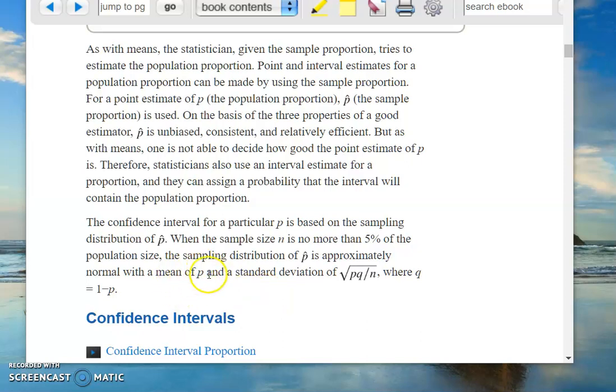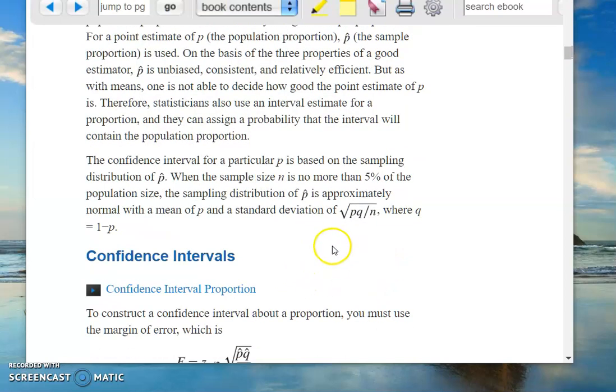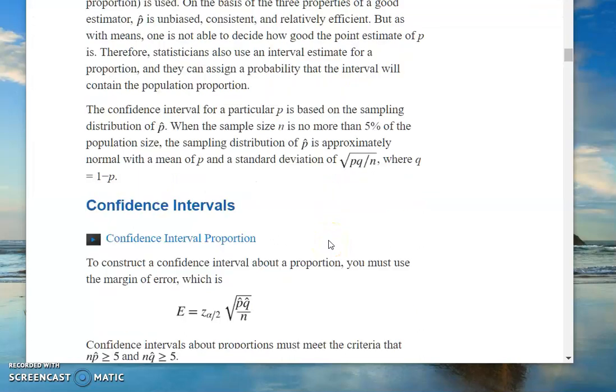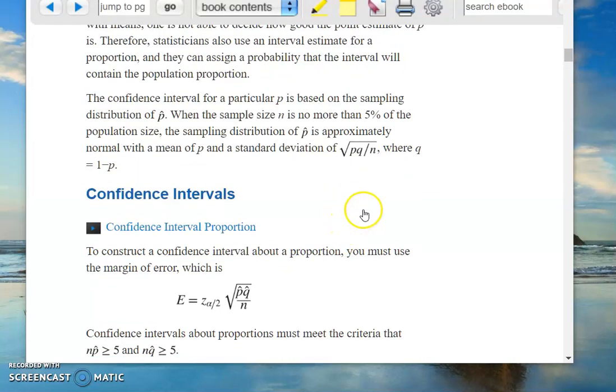The mean is the real, true population proportion. And we need to know what the standard deviation is. The standard deviation is this. It's the square root of PQ over n, okay? So that's what the math tells us. And he doesn't prove it, but if I get a chance, I'll try to do a video about that.